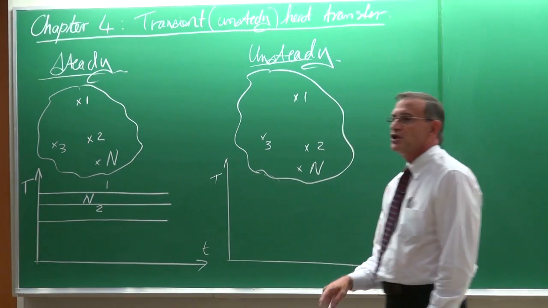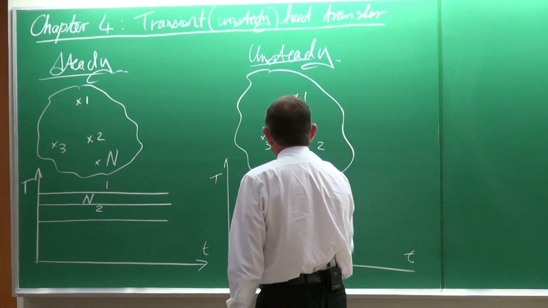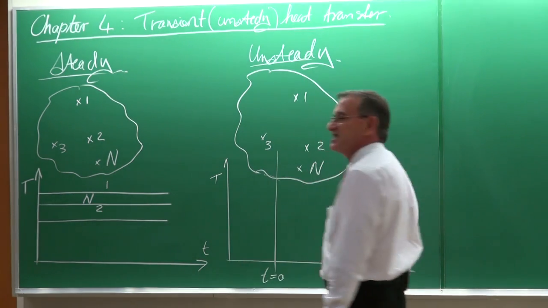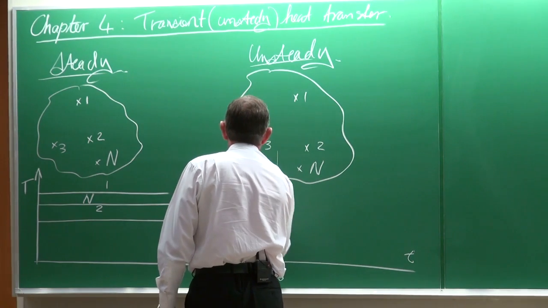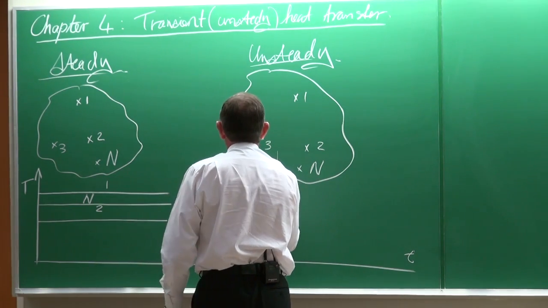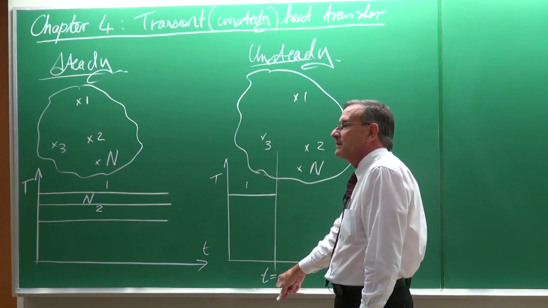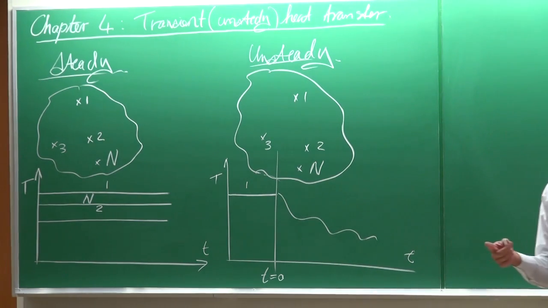So the temperature is a function of time. In this case, for unsteady, let's suppose that is t equals 0. Then unsteady would be maybe this case where the temperature was steady, but at t equals 0, the temperature now becomes a function of time.